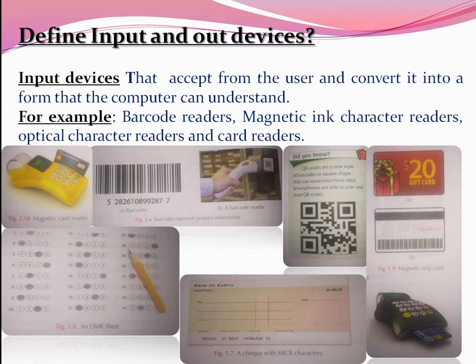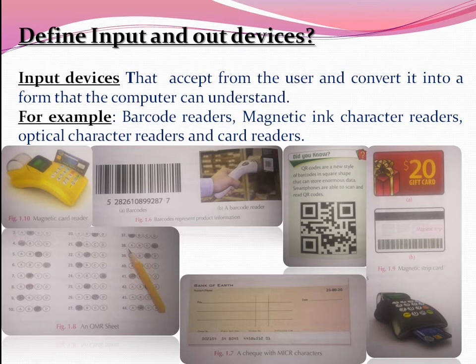Optical mark readers. An optical mark reader is a device capable of reading printed forms. It is used for objective-type exams with circle boxes that can be filled with a dark pencil or ink.